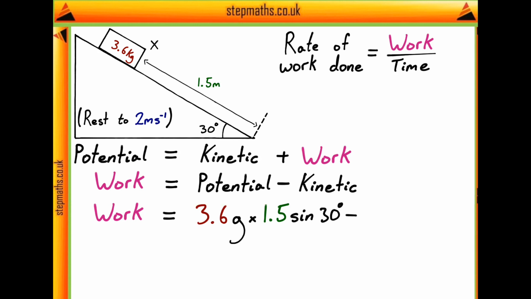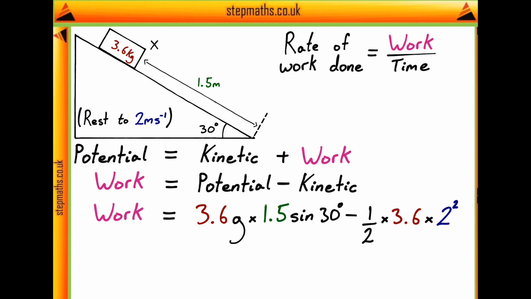to find that our potential energy is going to be this, with 3.6 being the mass multiplied by the gravitational field strength multiplied by this height of 1.5 sine 30 degrees. So now we've got the potential, we can find the kinetic energy, which is a little bit easier since it's just going to be a half multiplied by the mass multiplied by the velocity at the bottom squared. So we have 3.6 our mass and then 2 metres per second being our velocity at the bottom.